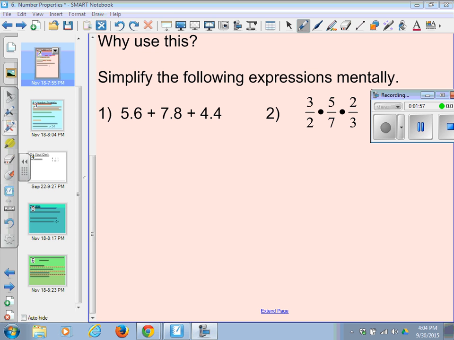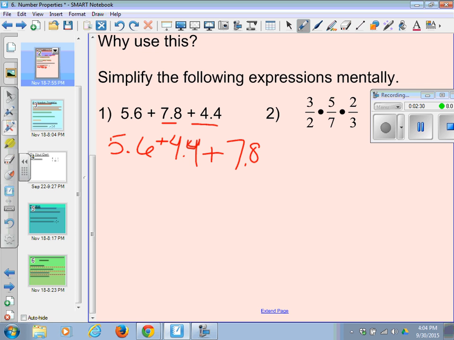Well, if I move around our 7.8 and our 4.4, I have 5.6 plus 4.4 plus 7.8. It makes it a little easier to see using mental math.